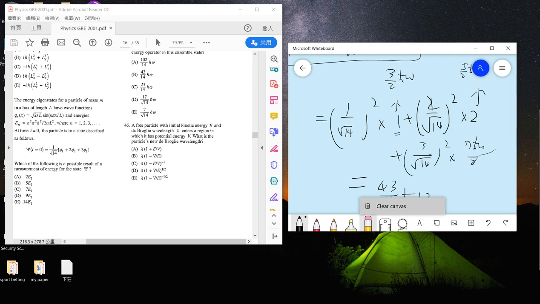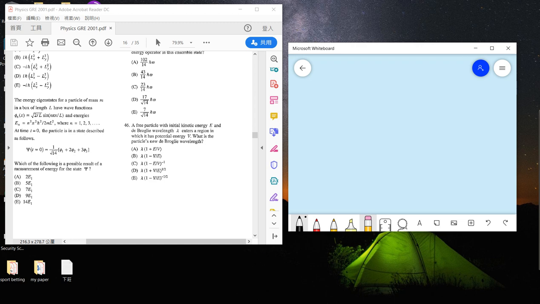So 46 is basically the free particle, kinetic energy, and you have the de Broglie wave. Common sense, the de Broglie wavelength is h over p. And what is p? p squared is 2m times E. So it's h bar over 2mE, right?